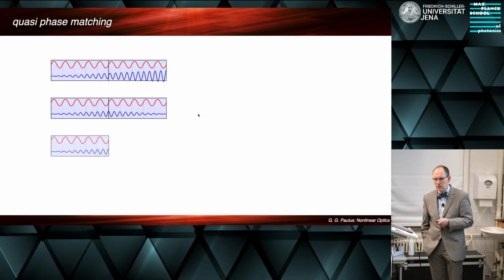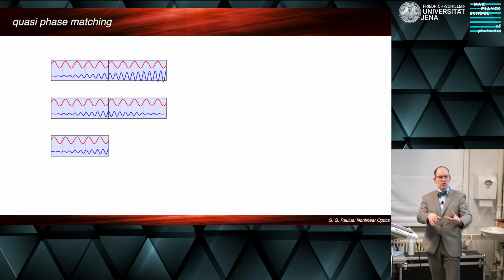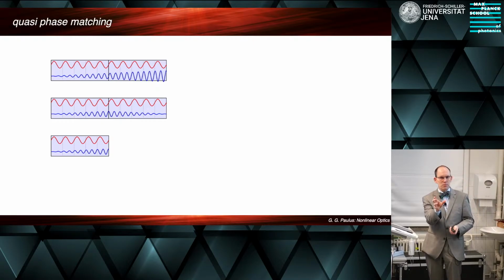So what can we do? We have this situation, and the idea is to put a piece of glass of appropriate length that has no nonlinear effect, but just ensures that the phases of both waves match again.